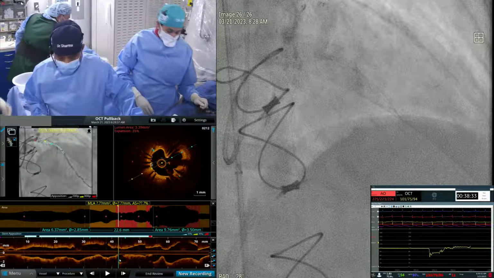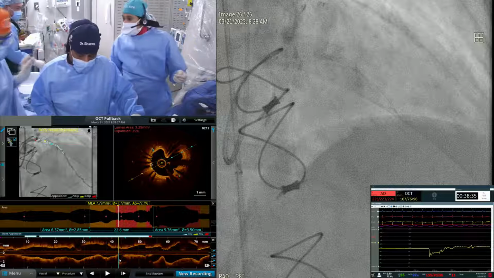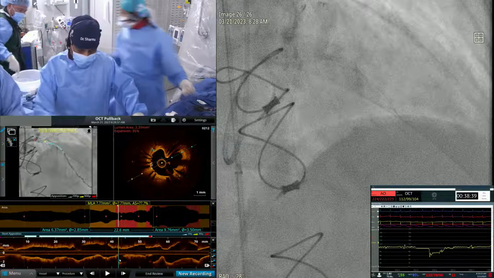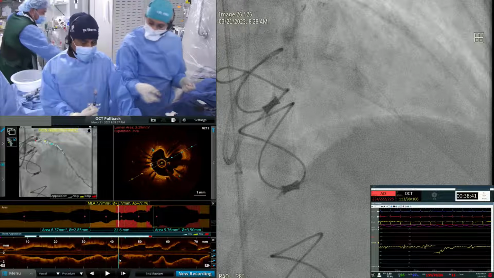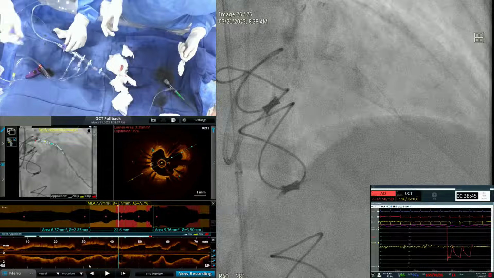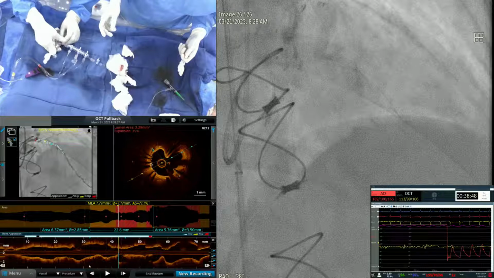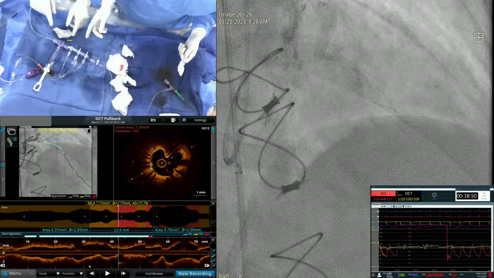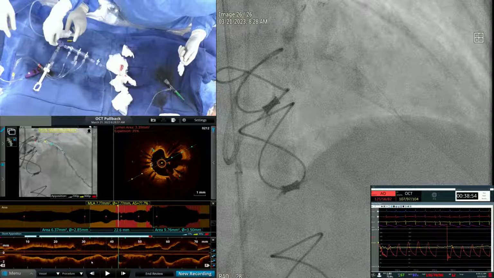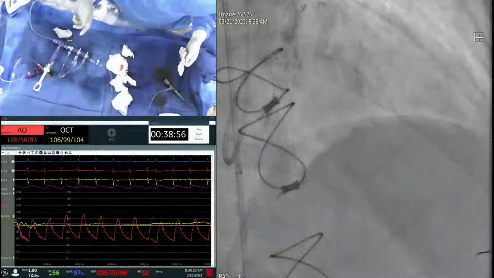We did a small syringe. Maybe ChatGPT is going to tell us soon. What are you doing, in case you inject? No, we use this, for the coronary injection.